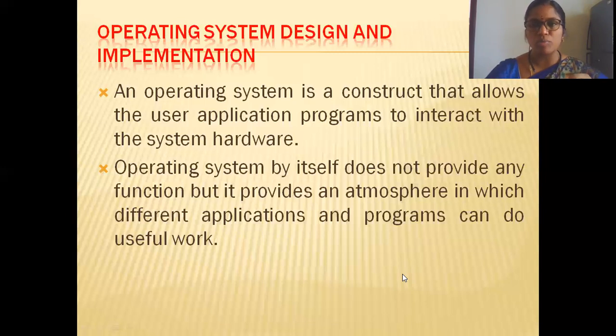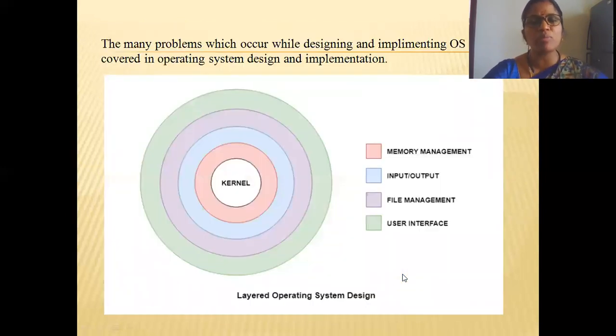Right? So the many problems which occur while designing and implementing an OS are covered in operating system design and implementation. What kind of problems? It can be different operating systems. We have seen different operating systems: batch operating system, time sharing operating system, multi-user, multi-programming.